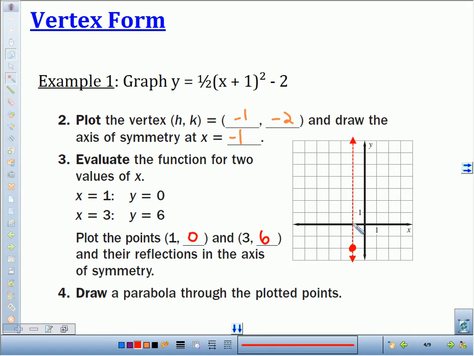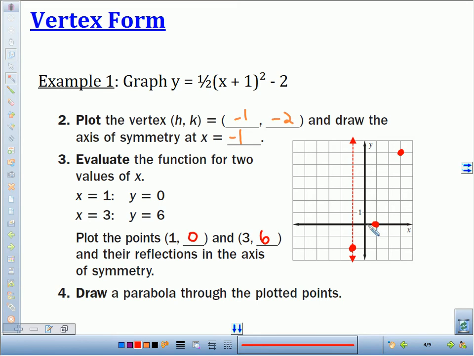So I'm going to do that now. When x is 1, y is 0, so that's right here. When x is 3, y is 6. So over 3, up 1, 2, 3, 4, 5, 6. So I plot those points. Then I plot their reflections along the axis of symmetry, just like I did before with standard form.